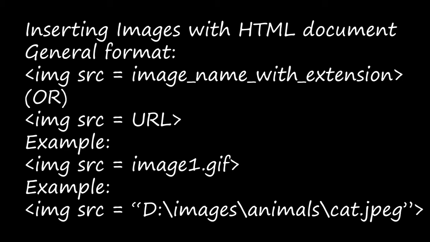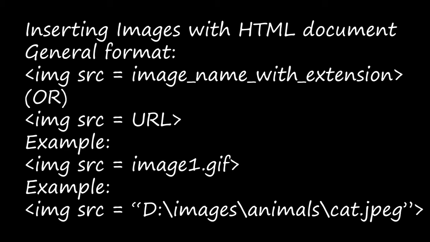If the image is not in the current working folder, that means the folder where you save the HTML document, you have to mention the path of the file also, or the URL where the file is available.